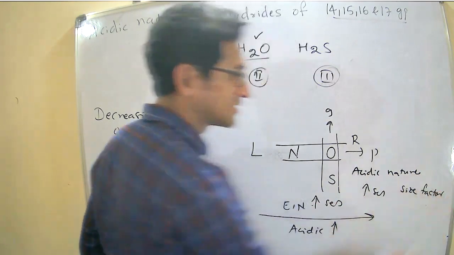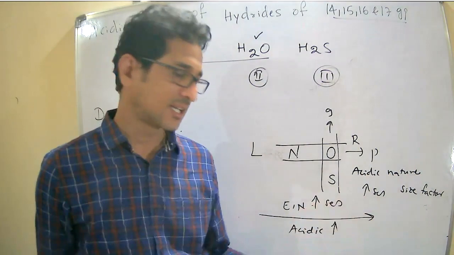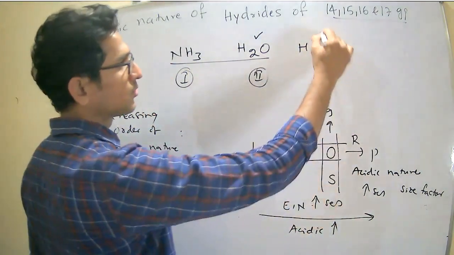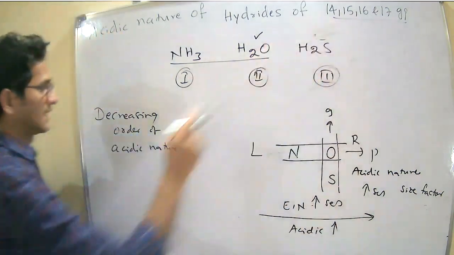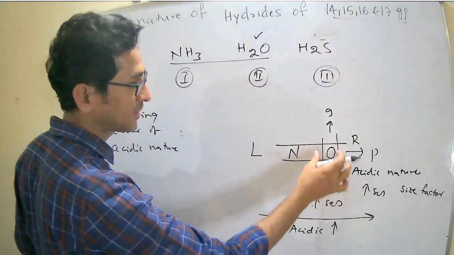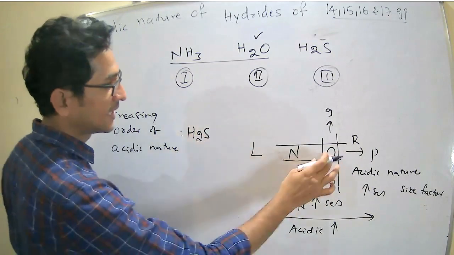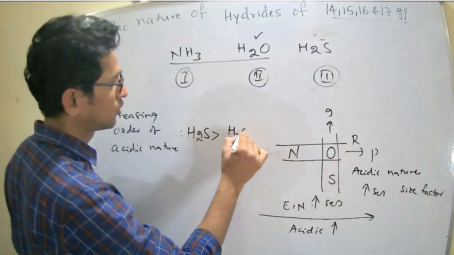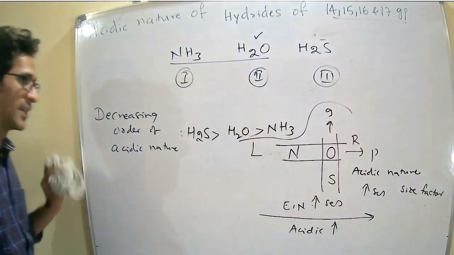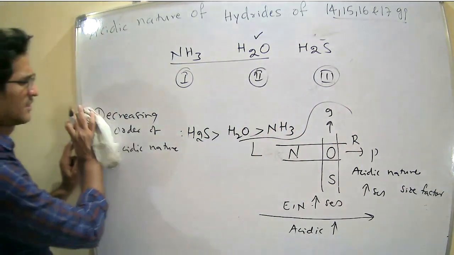Due to the size factor, what we discussed for HI, HCl, etc. So here, which is the strongest acid? The strongest acid in nature is the sulfur compound, H2S. Later H2O, and finally ammonia. So this is the order.